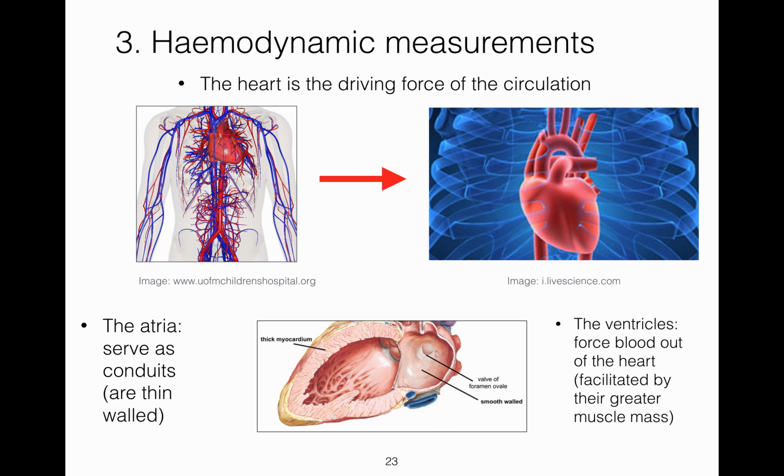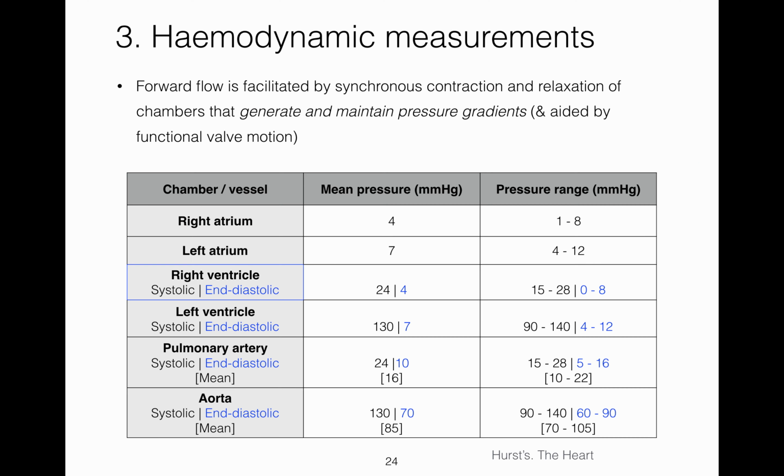In contrast, the ventricles, which force blood out of the heart, are very muscular. Forward blood flow in the heart is facilitated by the synchronous contraction and relaxation of chambers which generate and maintain pressure gradients, and is also aided by functional valve motion.